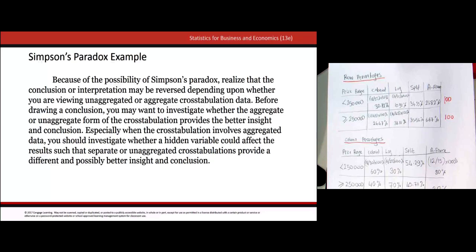So before drawing a conclusion, you may wish to investigate whether the aggregate or unaggregate form of the cross-tabulation provides better insight, especially if a hidden variable affects the results, such as here, where the hidden variable is type of court. You should look at both aggregate and unaggregated data before drawing a conclusion.